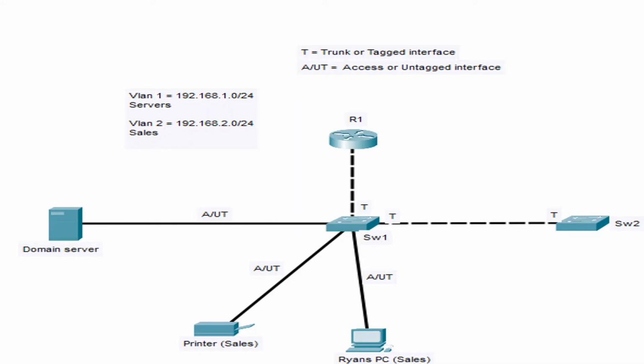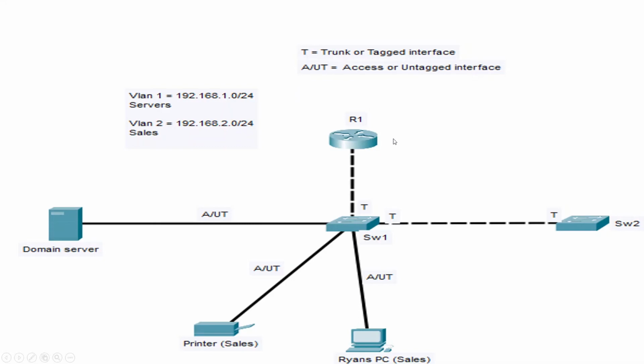So I have set up this small topology with two different VLANs, a server VLAN and a sales VLAN. The T stands for trunk or tagged interface. The A/UT stands for access or untagged interface.